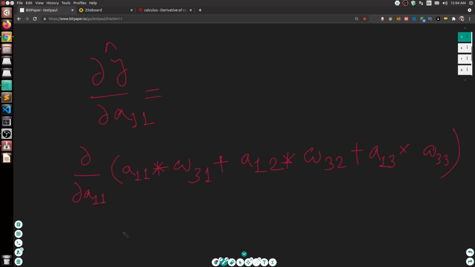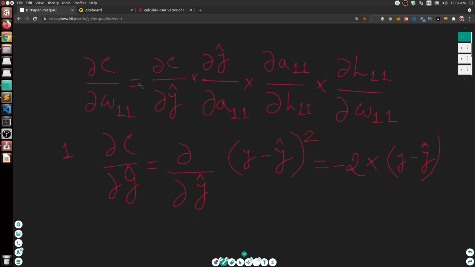So if you simplify this by applying the very first principle of differentiation, you will get this value, W31. Okay, so we are done with number 2 from what we are trying to simplify. So we are done with number 1 and number 2.